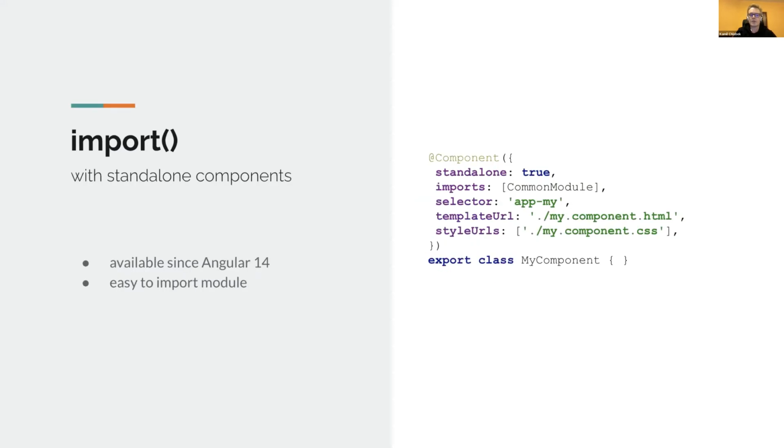But with the release of standalone components, this is no longer an issue. You don't need any workaround or boilerplate code. Right now, all it takes is to add the standalone: true property inside the component decorator, and then import any other required modules. The rest of the code stays the same.